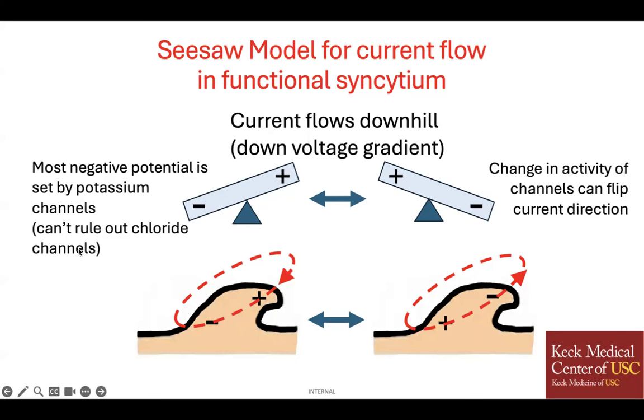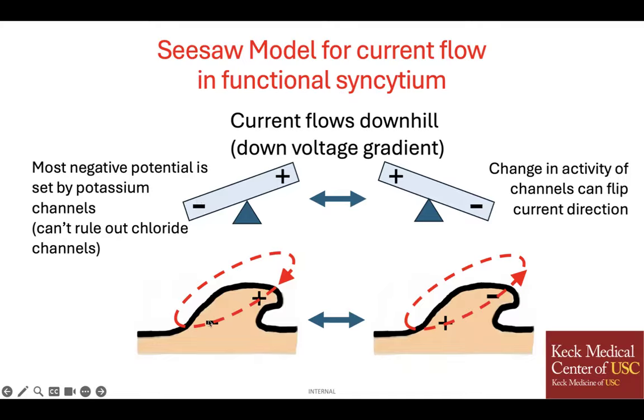We can't rule out chloride channels, but what's critical is that these two types of ions have a Nernst potential that is around minus 90. That is the most negative among the ion channels present in healthy tissue. So in setting this gradient, that is the most negative potential you can have within the tissue.